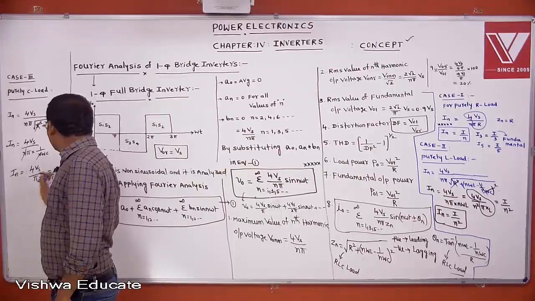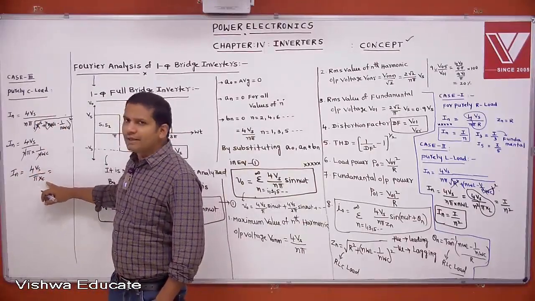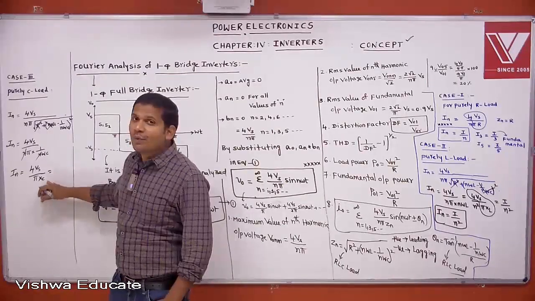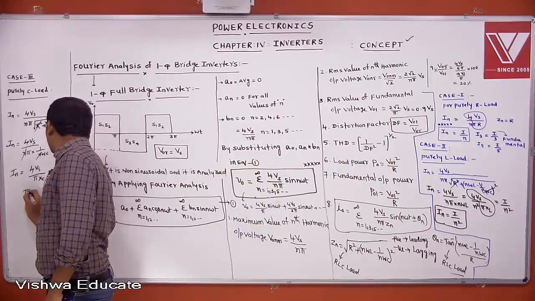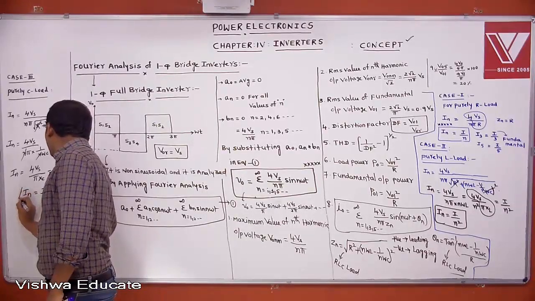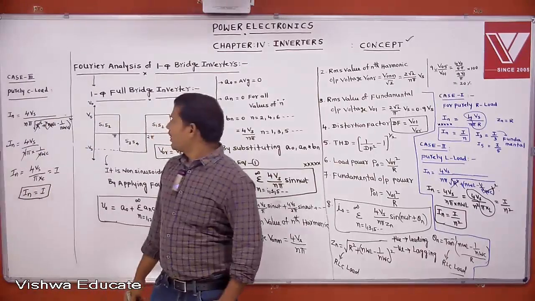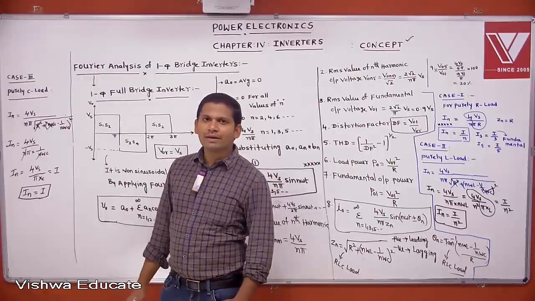Then what is this current? 4 Vs by pi into Xc. That is the fundamental current for purely capacitive load. This is IN equal to I. Therefore, for purely capacitive load, nth order harmonic current equals fundamental current.